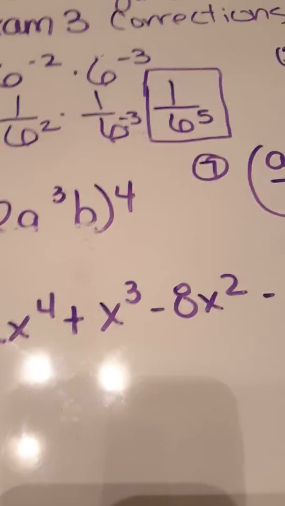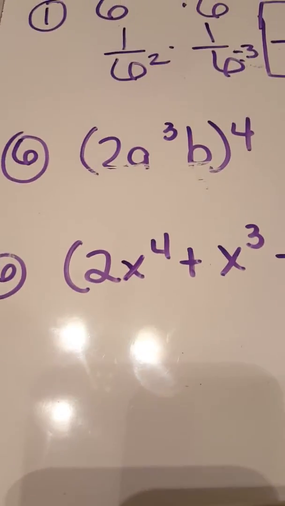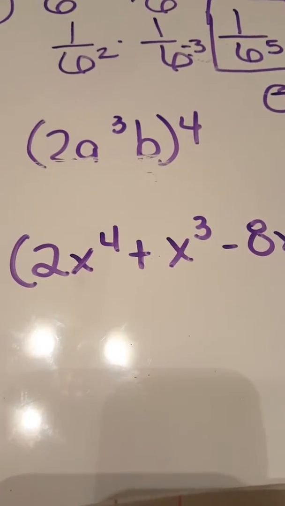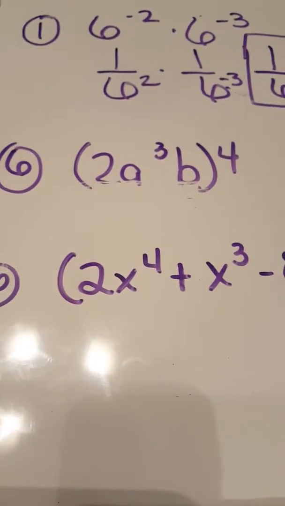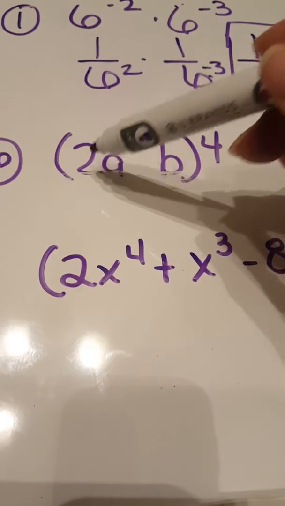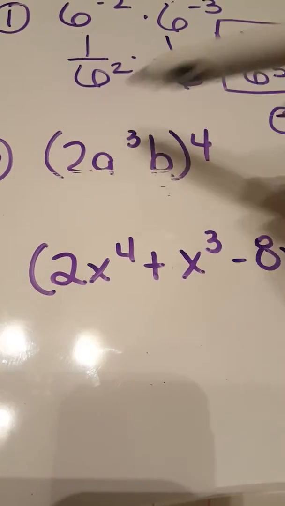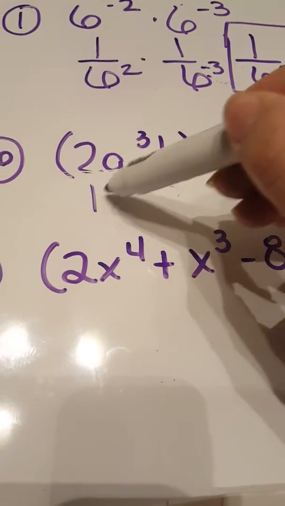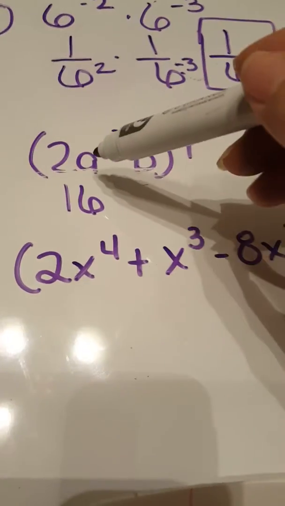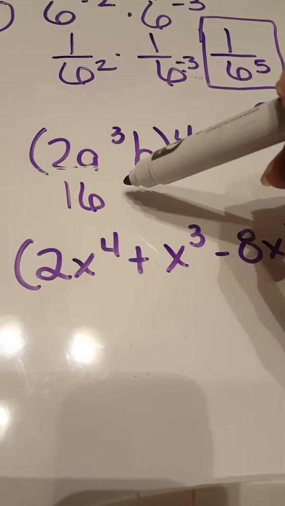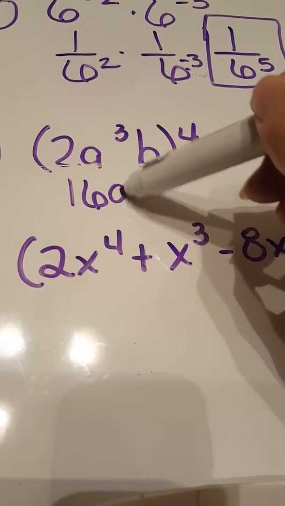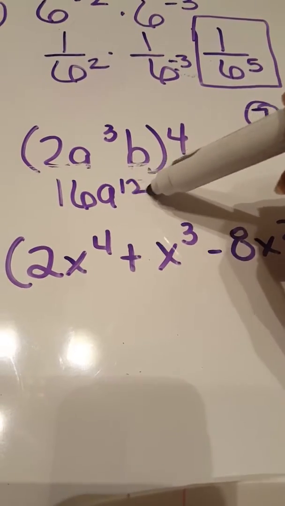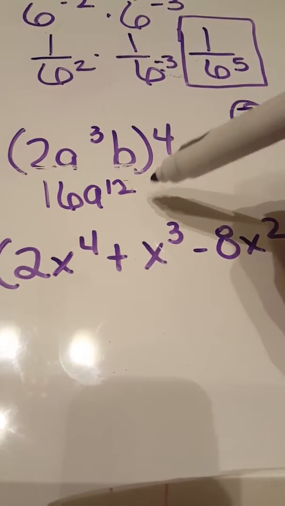Okay. Then we have number 6, which is in parentheses 2a to the third power, b to the fourth power. And all we're doing here is 2 to the fourth power, which gives us 16. Then it's 16a, and we times these two, which gives us 16a to the 12th.